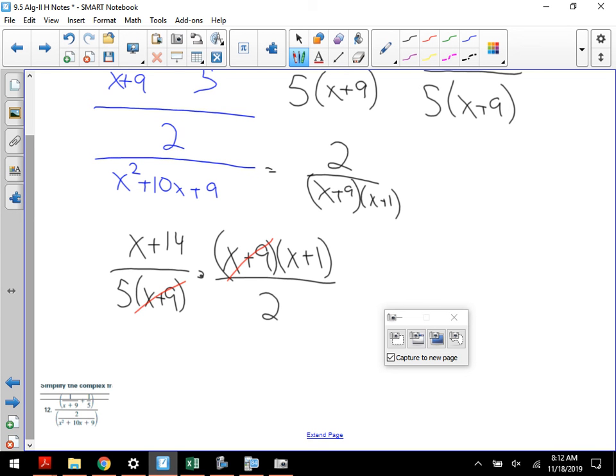What's 5 times 2? 10. And then FOIL our numerator. So we get what? X squared, 15x, and a 14.